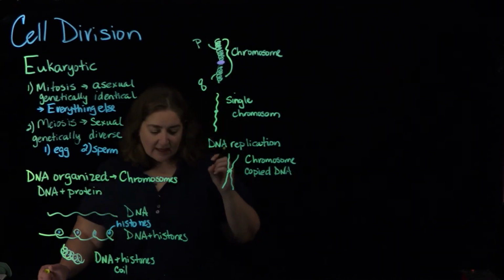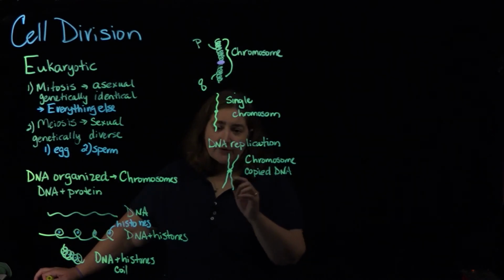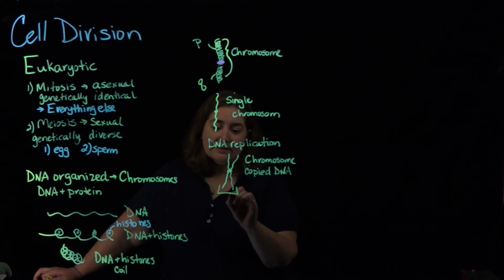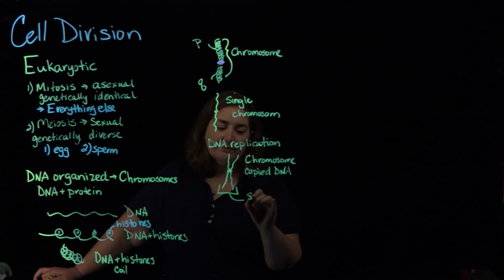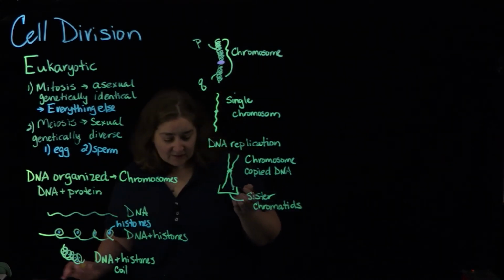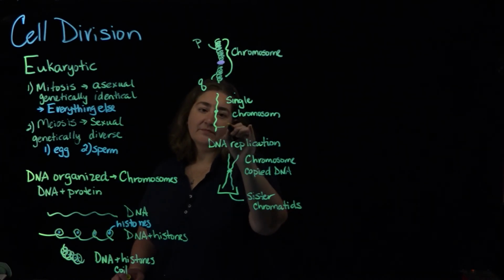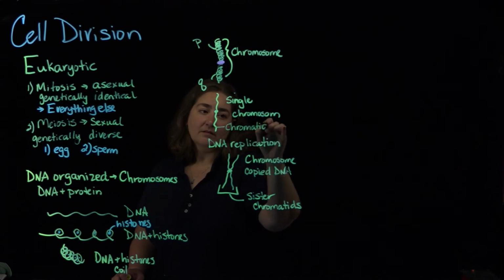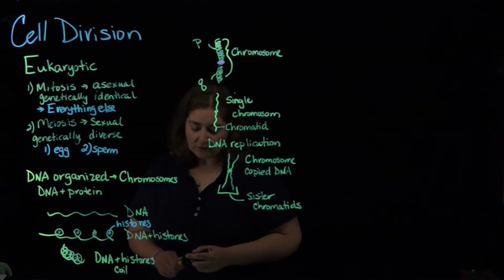What we refer to those as, because that's going to have a special name, those are sister chromatids, with the individual chromosome being referred to as a chromatid.